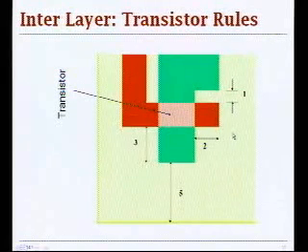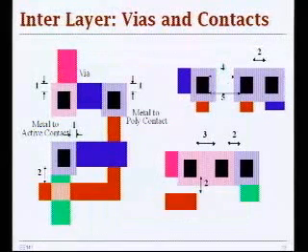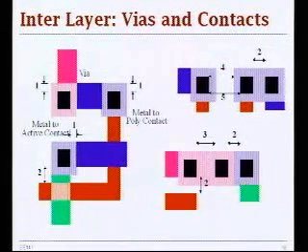So now, once you understand these rules, then you go into more complicated ones that relate to vias and contacts. So basically, contact is an interconnection between your metal lines and your poly or your diffusion regions, and vias serve to connect different metal layers.